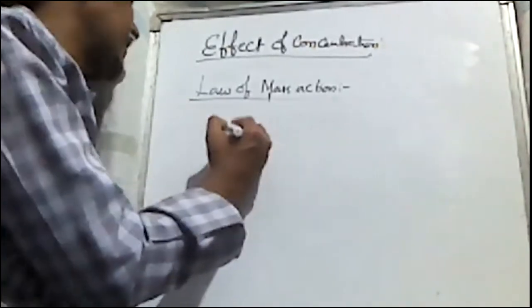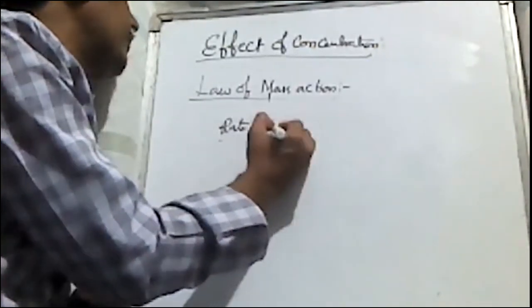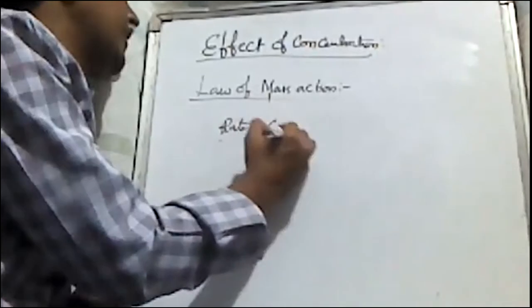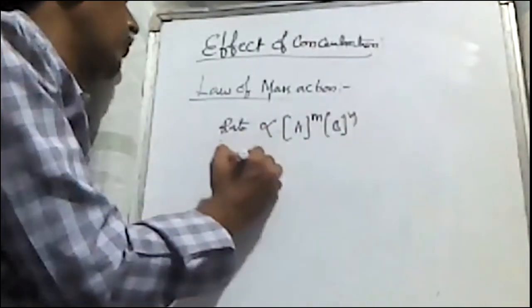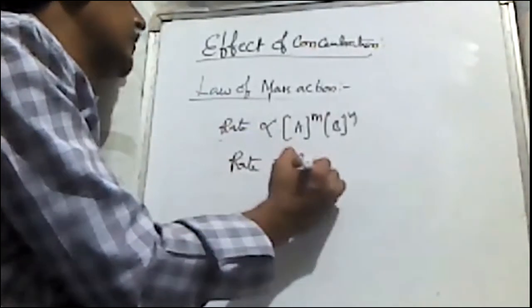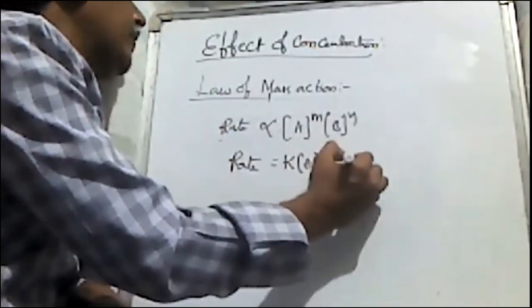Now, according to the law of mass action, for any reaction, rate is proportional to A power m into B power n, so rate equals some constant times A power m into B power n.